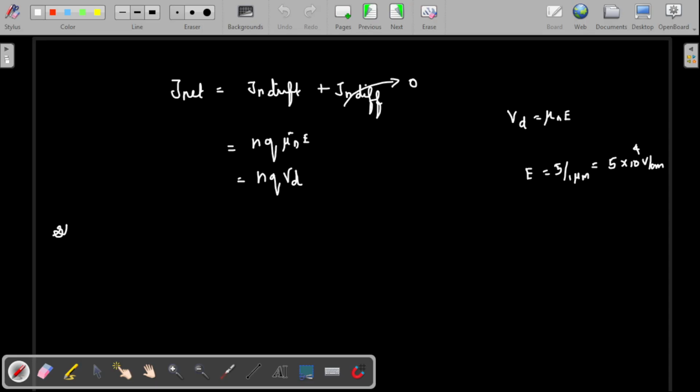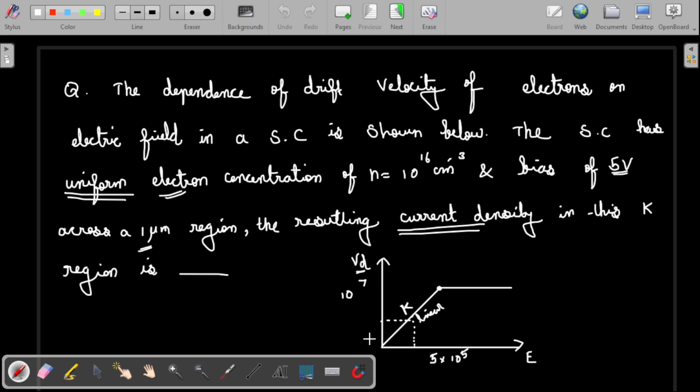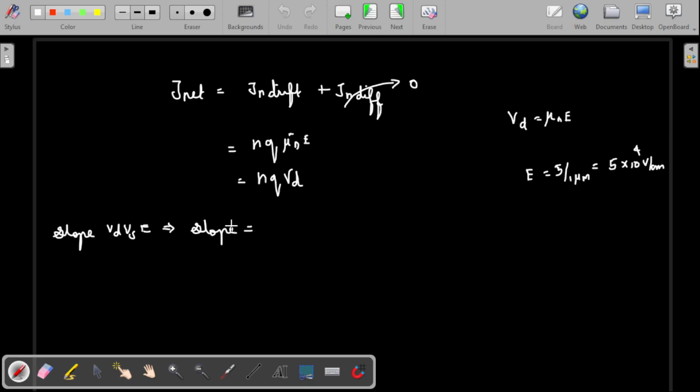So let's find the slope of Vd versus E. If we find the slope, it will be equal to, let's take the upper value, 10 power 7 minus 0 over 5 into 10 power 5 minus 0.